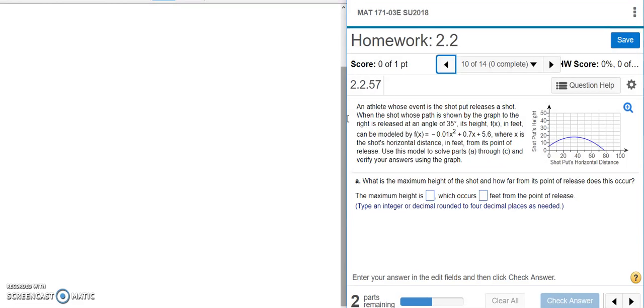Part A is asking us to find the maximum height and how far that height is from the point of release.